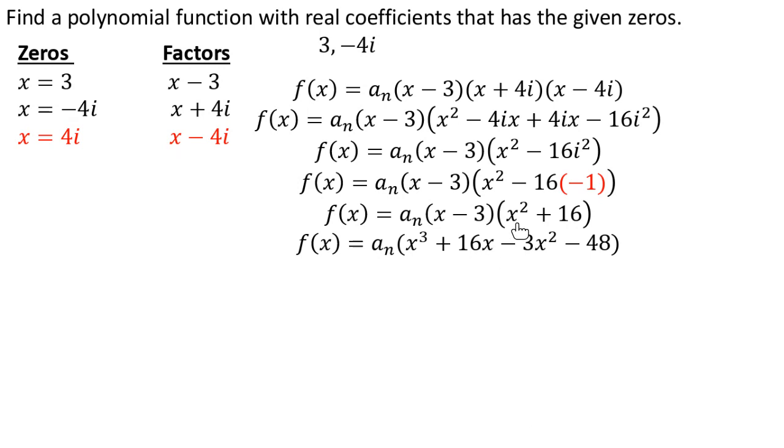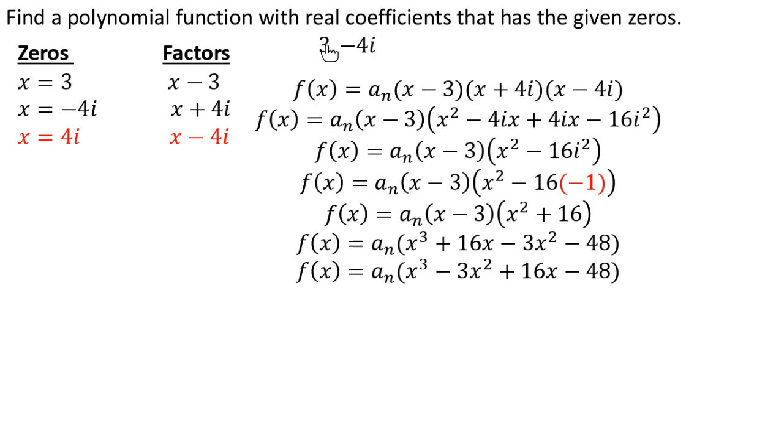Negative 3 times x squared is negative 3x squared. Negative 3 times 16 is negative 48. You want to combine your like terms if you have any. We don't have any, but I personally like to write them in descending order. So I just switch my negative 3x squared with the 16x. And so this is going to be our polynomial.